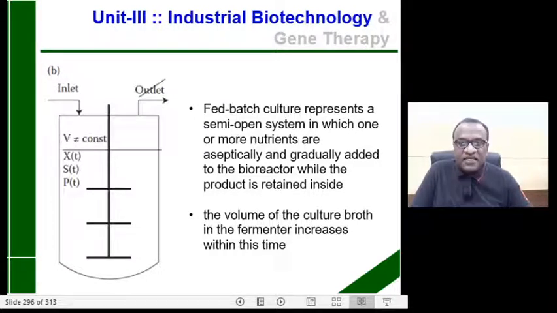If you look at the illustration, the outlet is crossed but not the inlet. That means the nutrients are aseptically and gradually added while the product is retained inside. Here the volume of the culture broth in the fermenter increases within the given time.